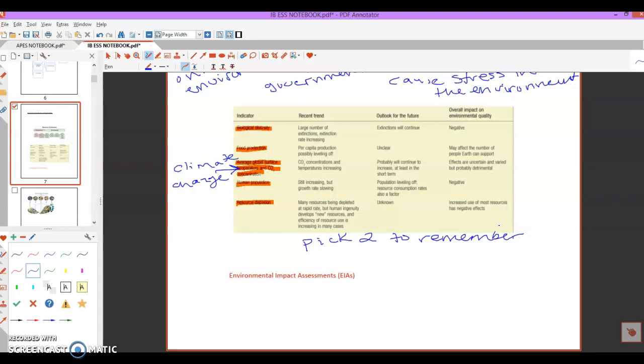Now, we know that these environmental impact assessments are going to vary from country to country. So the way we look at it in the United States is not the same way it is looked at in Canada. It's not the same way it's looked at in China, in Russia. It's different every place you go.